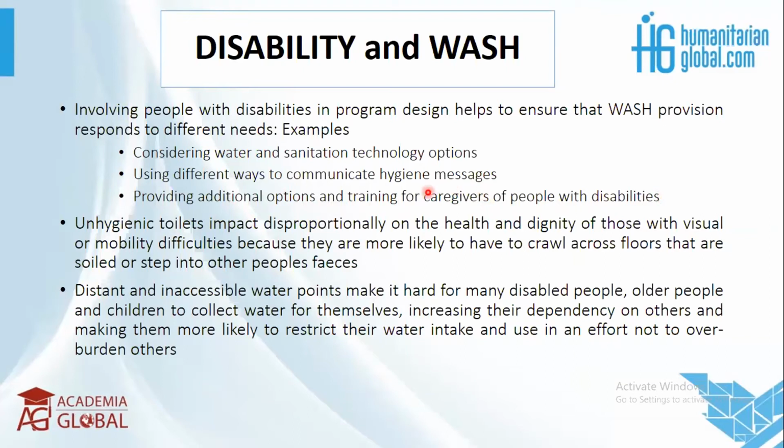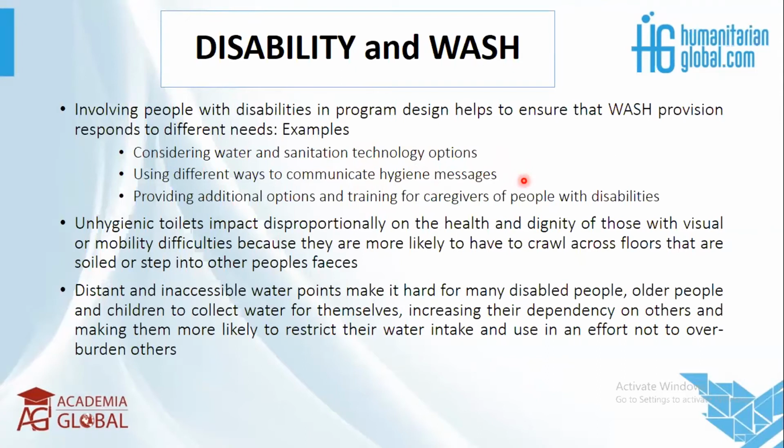So in terms of involving people with disabilities, I'm looking at it in the context of WASH. When you bring them on board, you're able to respond to their needs. In terms of technology, you can redesign your technologies so that they are more inclusive. You can also rethink how you are communicating your hygiene messages, and how you are reaching them.